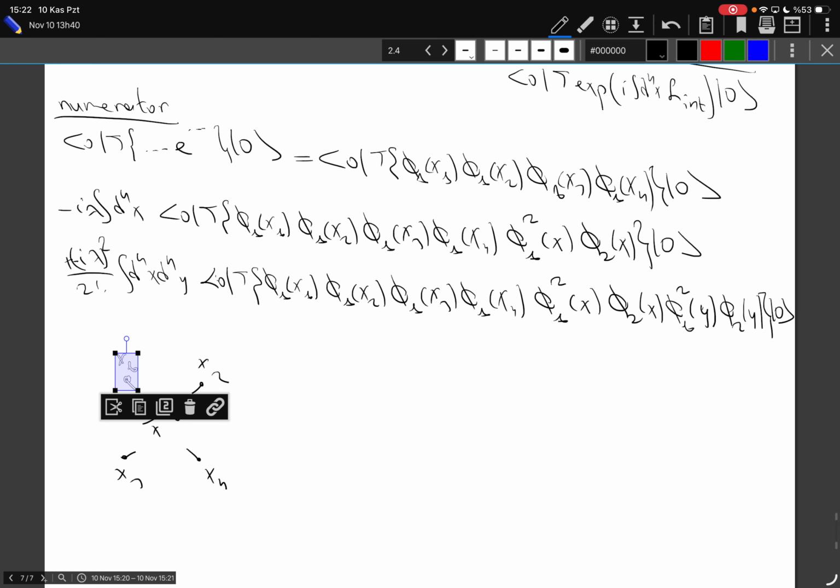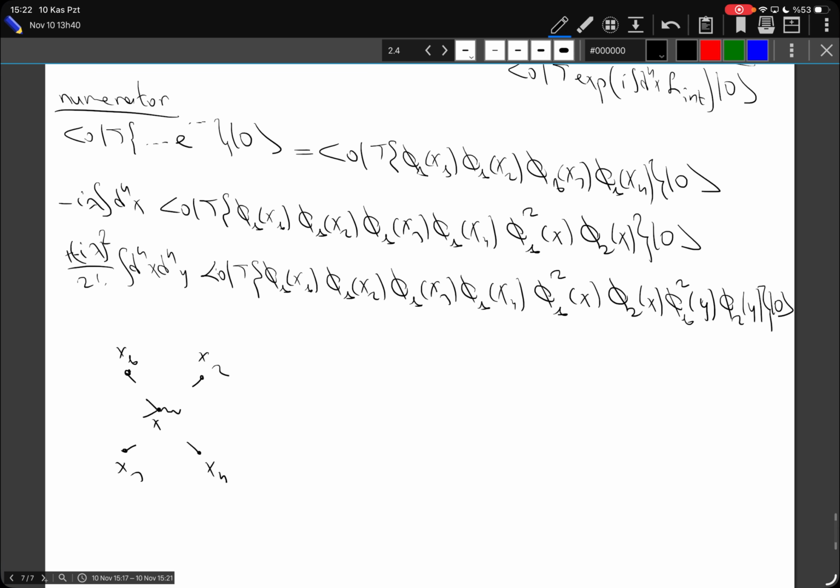Now I have to consider all possible contractions without leaving any open ends. Well, let's see, the easiest possibility is this one. Now this is one option. But now there is one open end, one field that is not contracted with anything. That cannot happen. That is 0.